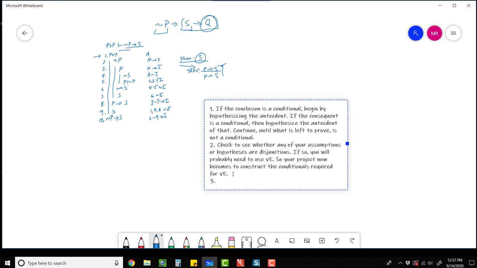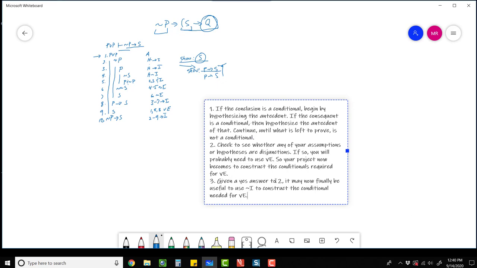So in other words, you may be required to use negation introduction in the context of proving one or the other or both of the conditionals that you need for disjunction elimination.